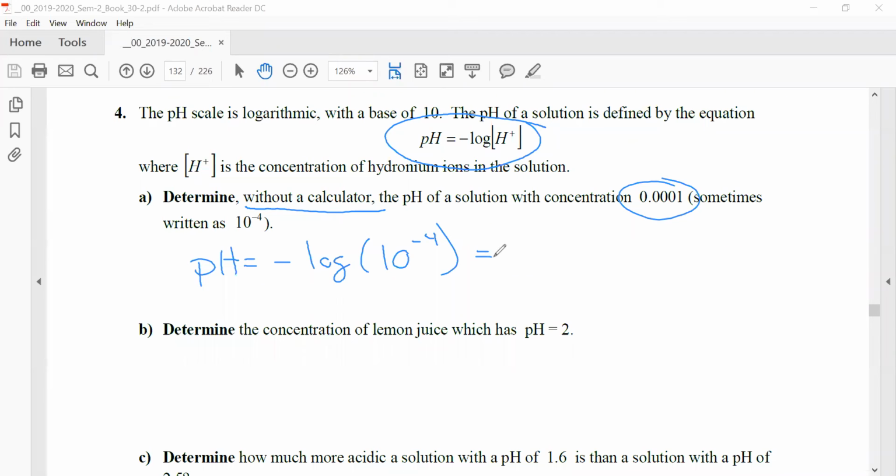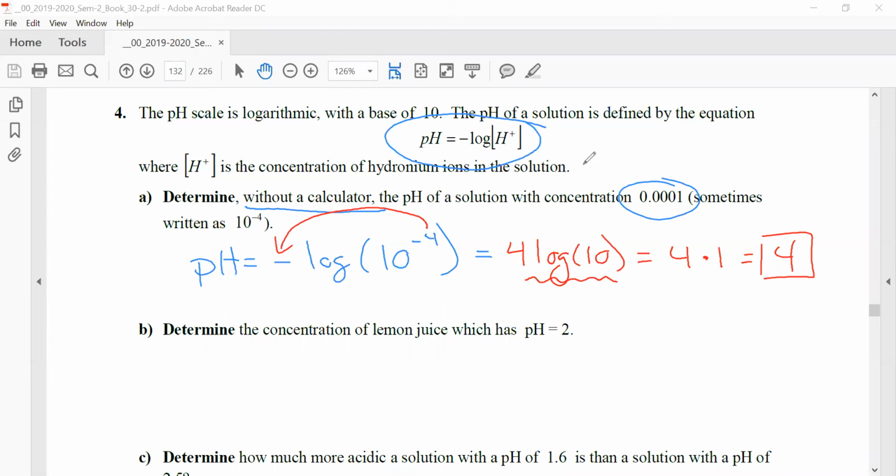Remember what we can do with an exponent: I can move it down out front and make it the coefficient. So that becomes positive 4 log 10. I'm hoping by now you recognize that log 10 is simply 1, and so the pH of this is 4. A little too easy for us, but it helps to see these things.